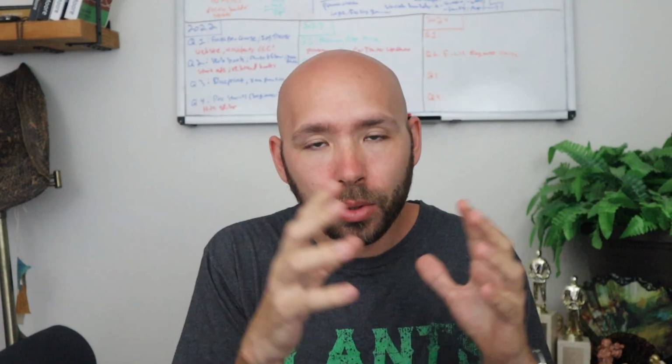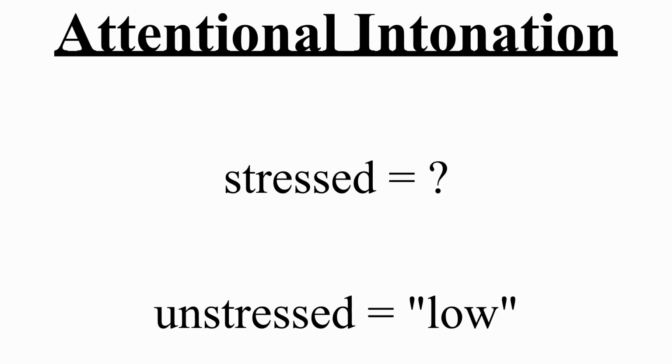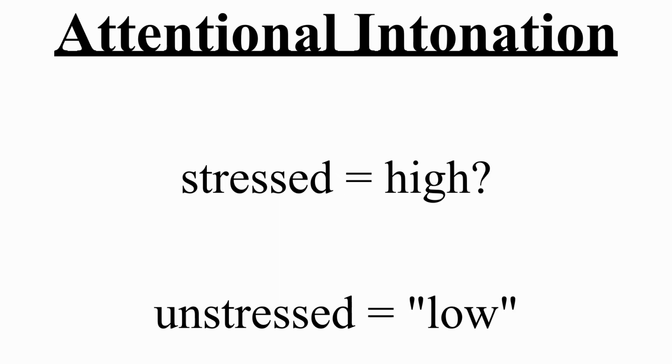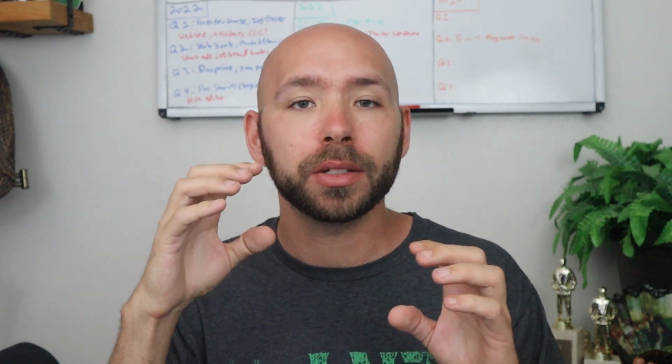We know that it needs to be shorter, quieter, usually lower in pitch. Then a stressed syllable, you might think that a stressed syllable would be high. Compared to an unstressed syllable, yes, it needs to be a lot louder, longer, and higher in pitch. We've talked about that before. It's extremely important that you get a good difference between the stressed and the unstressed.